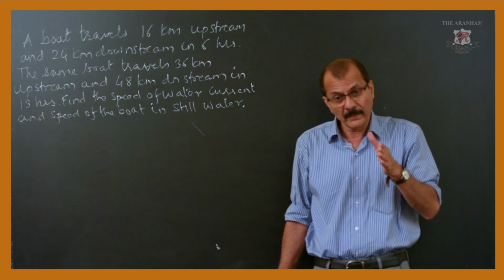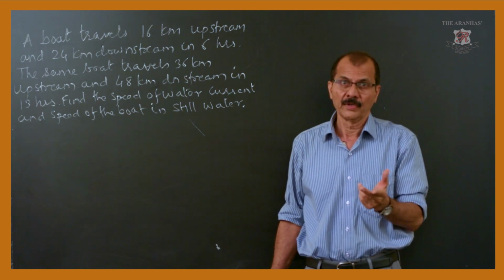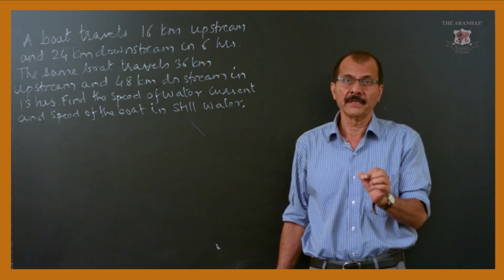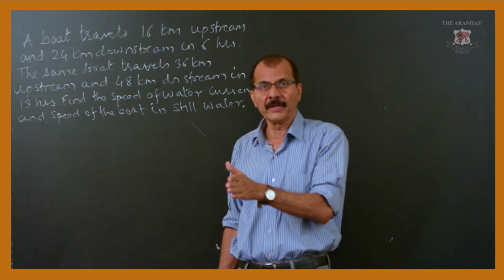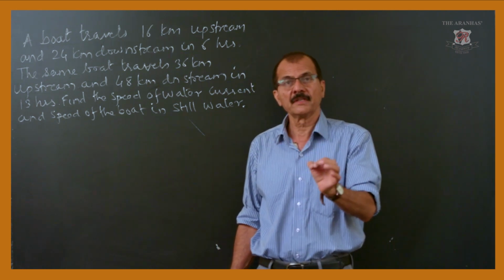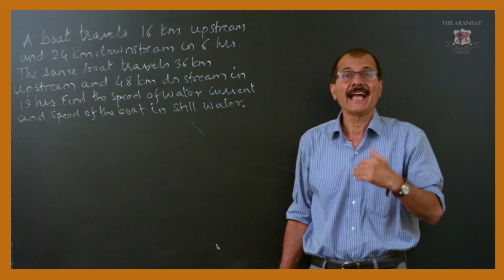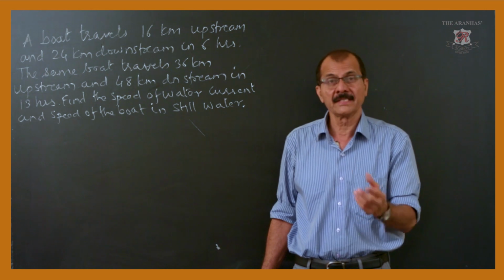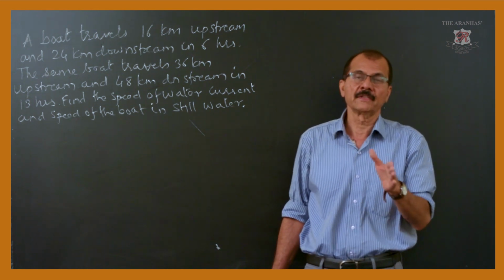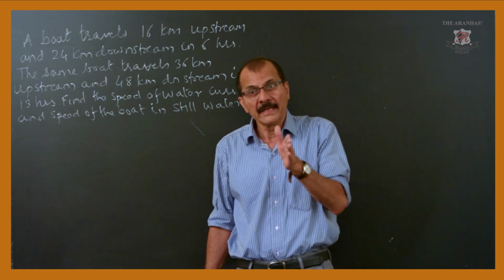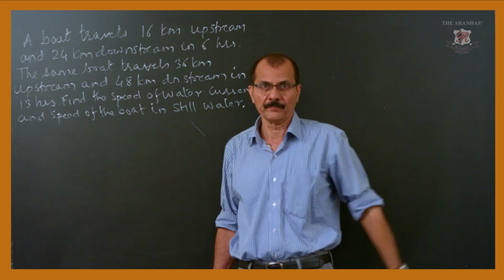So, when they are moving in the same direction, they will get added. So, you have to remember here, when the boat is moving downstream, the speed of the boat and the speed of the water current will get added, and that is why the speed of the boat will be more in case of downstream.